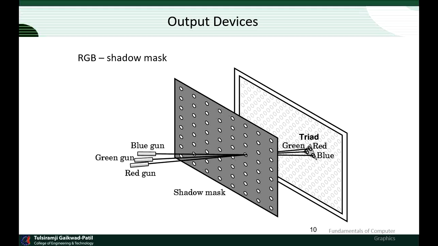The shadow mask is nothing but one metallic plate where holes are given, and electrons which are generated by the blue gun, green gun and red gun, at the same time accelerate toward the particular point of the shadow mask, and from the shadow mask the electrons will flow as a single row and be forwarded toward the original screen. So this is about the shadow mask, that is the RGB shadow mask.